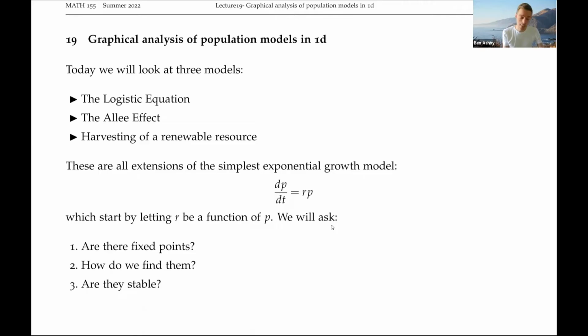All the models that we look at today are essentially going to be extensions of this exponential growth model, where the rate at which the population grows is proportional to the size of that population at the particular time. So first of all, we're going to look at the logistic equation.